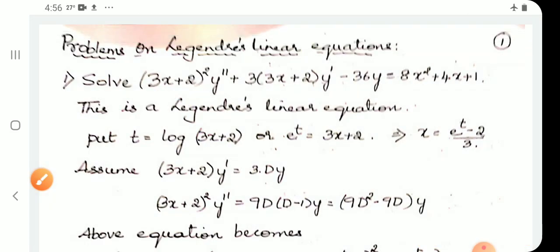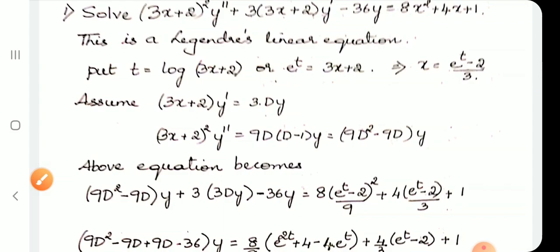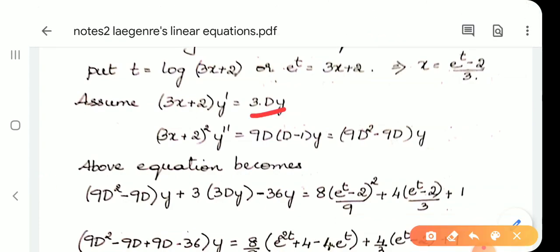Now let us assume (3x + 2) y' = a Dy. The value of a here is 3. Similarly, (3x + 2)² y'' becomes a² D(D − 1)y. Since a is 3, a² becomes 9. If I take that 9D inside, it becomes (9D² − 9D)y.